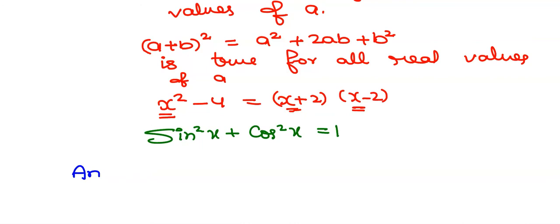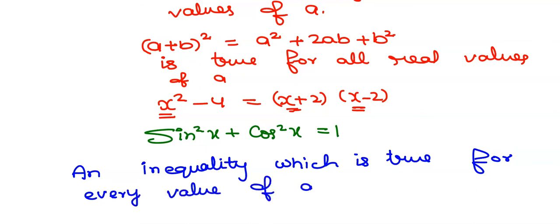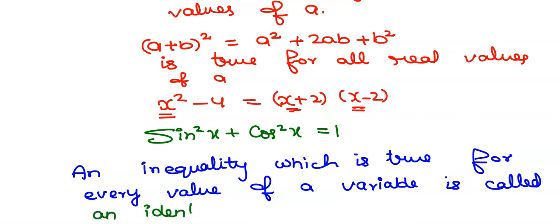An inequality which is true for every value of a variable is called an identity, and we can write it identity inequality.